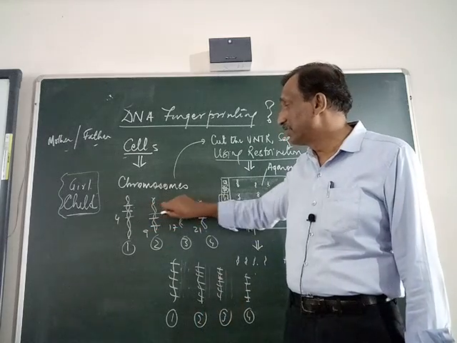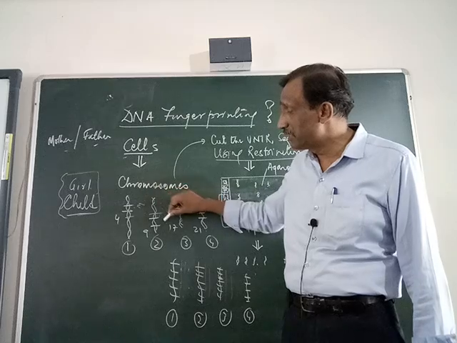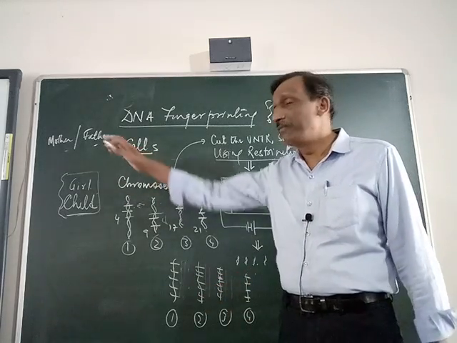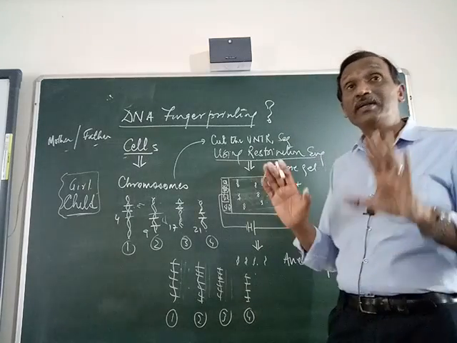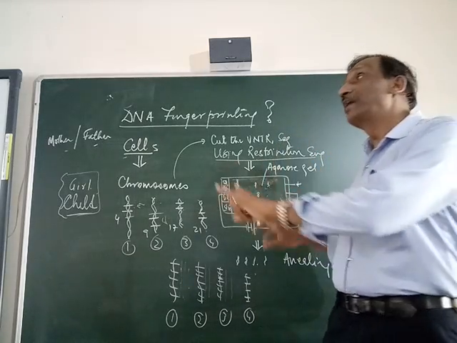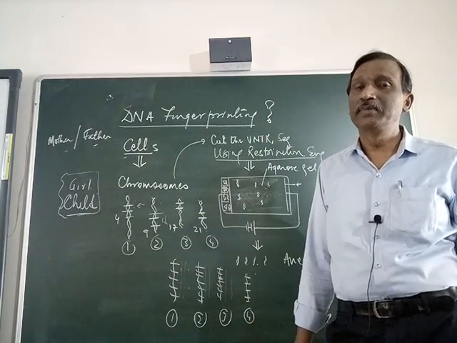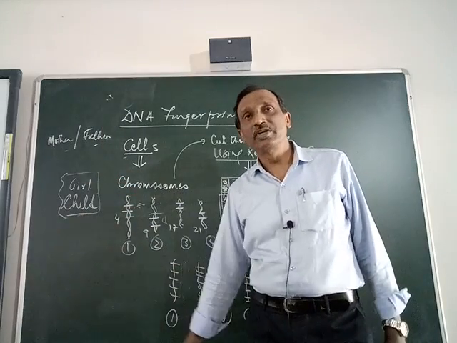So here the mother segment has come, here the father segment has come. So some of the segments will match with father and some with mother. But whatever segments are there, they should match with either the father or the mother. If it is not so, that means this girl child is not theirs.